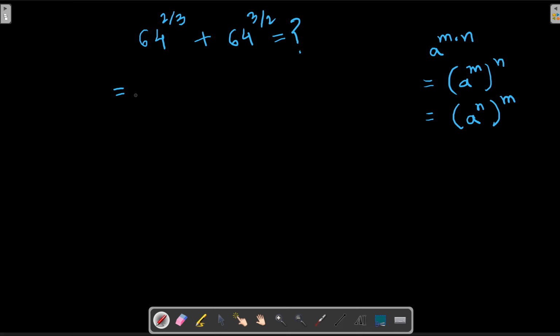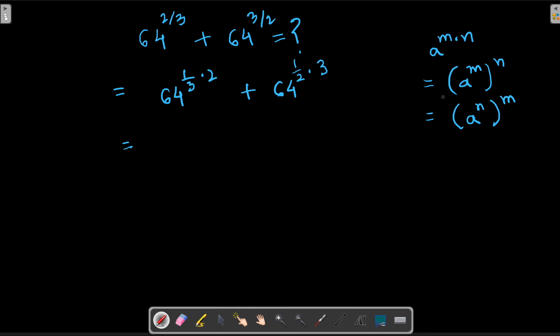So this is equal to 64 to the power 2 by 3, and to the power 2 by 3 can be written as 1 by 3 into 2, okay? There is no confusion. And then again 64 to the power 3 by 2 can be written as first half and then 3, because 3 by 2 is just half into 3.